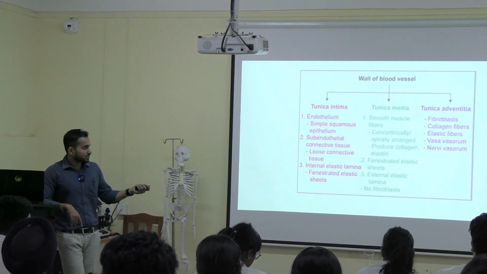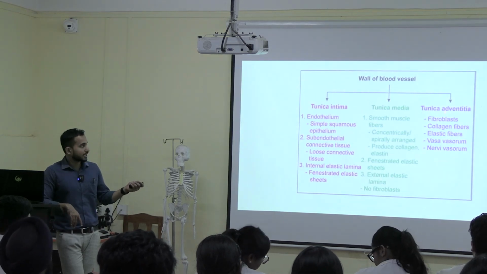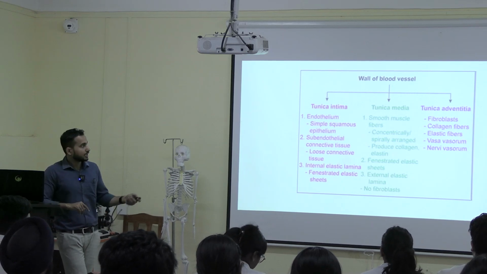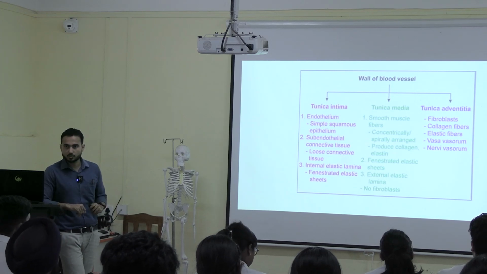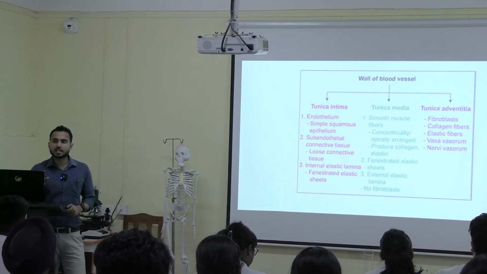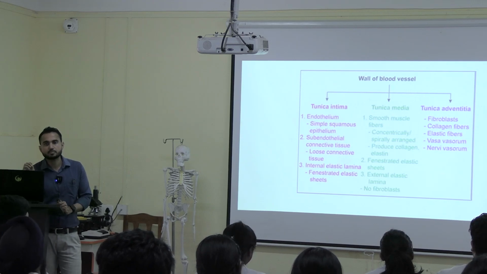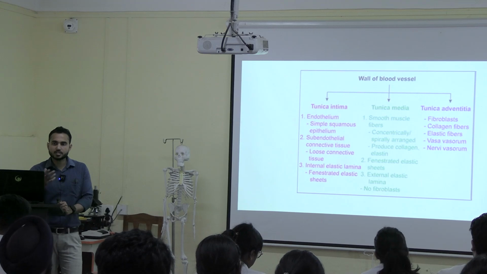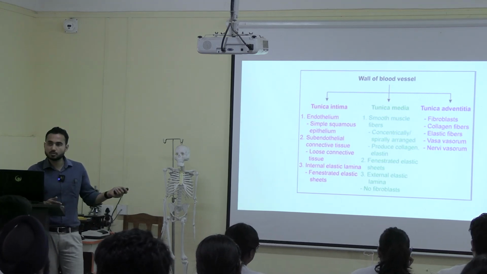Next, from where the external elastic lamina ends, we get the tunica adventitia. In tunica adventitia, mainly collagen fibers and elastic fibers are there, and along with that fibroblast cells are also present. Always keep in mind, where these collagen fibers and elastic fibers are, fibroblast cells will be there, because these cells are the precursor, or you can say they produce these fibers. That's why these cells will always be there.